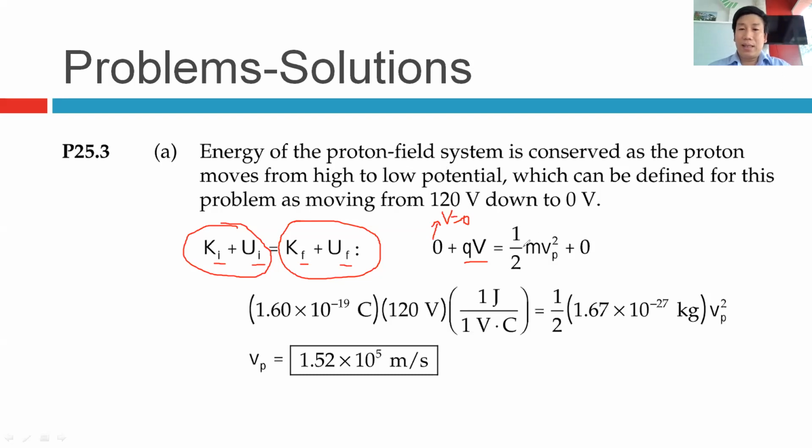So in this case, the proton moves from the high potential to the low potential. This is the final potential, and this is the initial potential. And you need to have the initial potential minus the final potential, which is unchangeable.